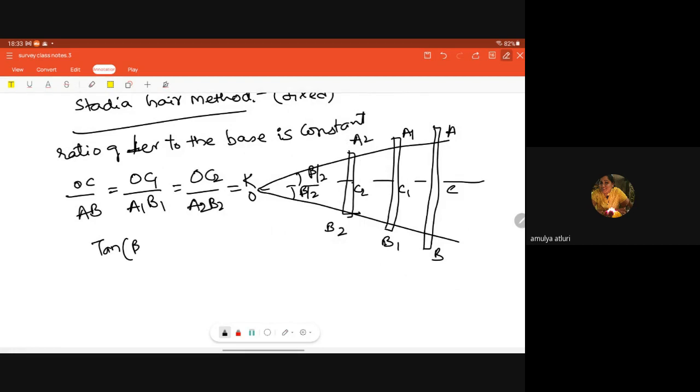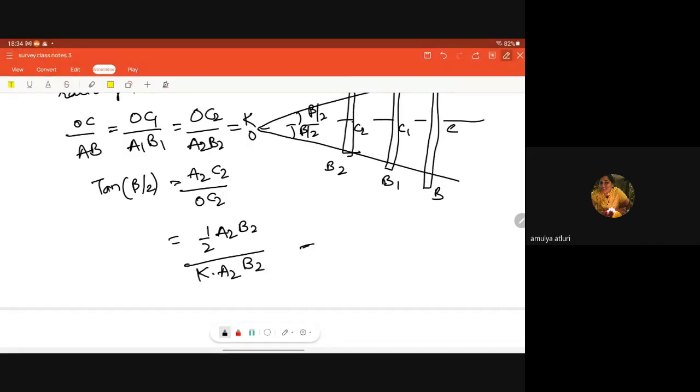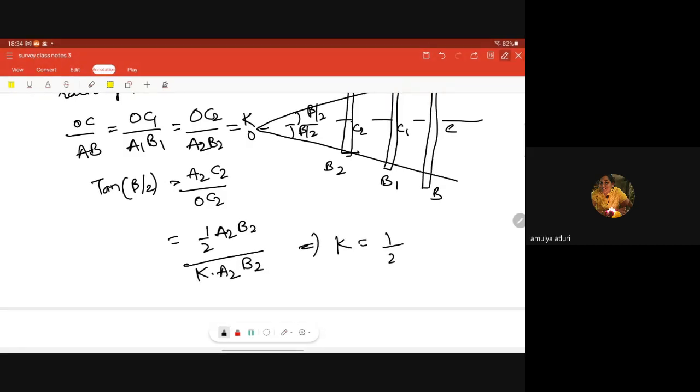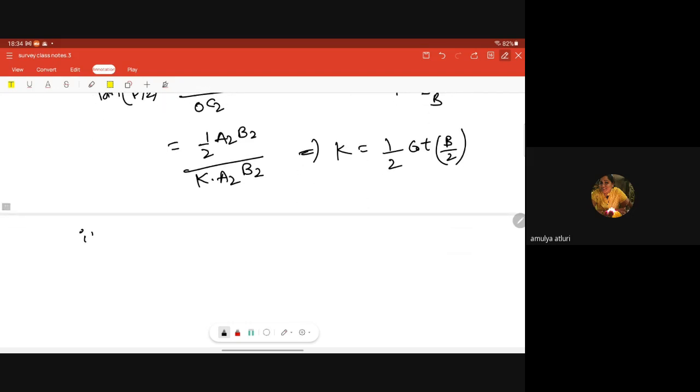Then tan beta by 2 is equal to A2C2 by OC2. So what is A2C2? Half of A2B2 divided by K into A2B2. So what is the constant? It is half cot beta by 2. If my beta is 34 degrees and 22 minutes, then K is equal to 100.